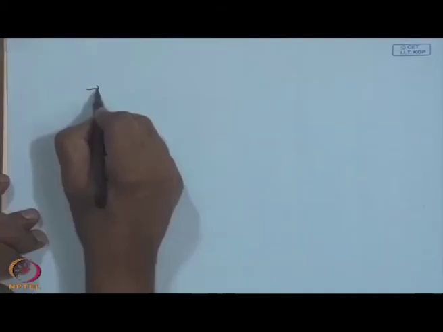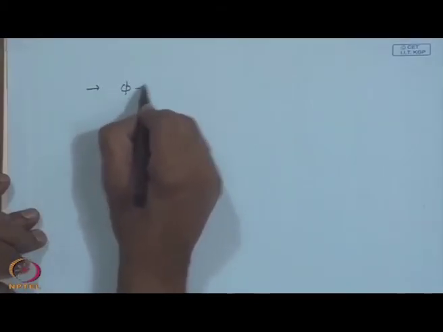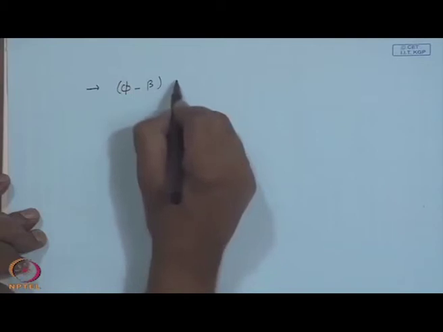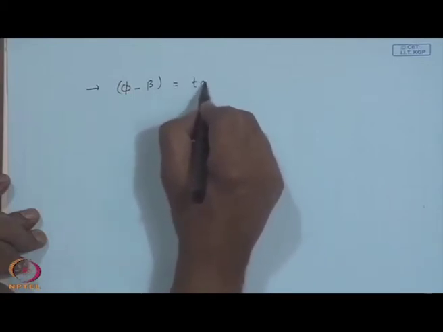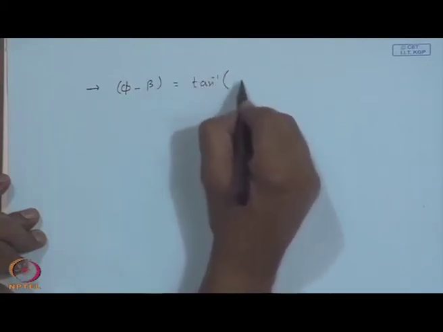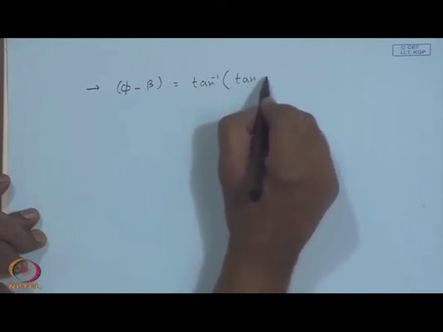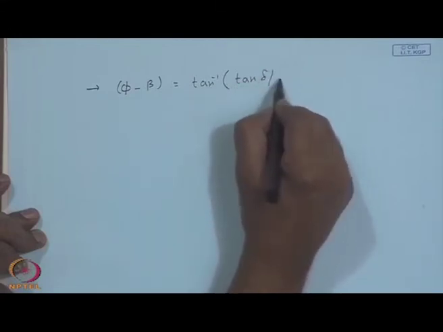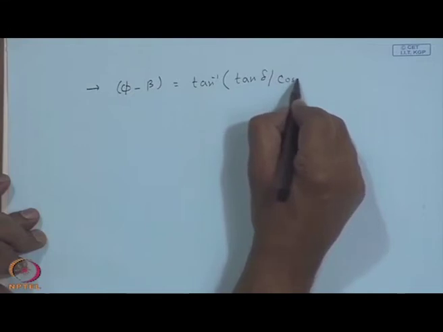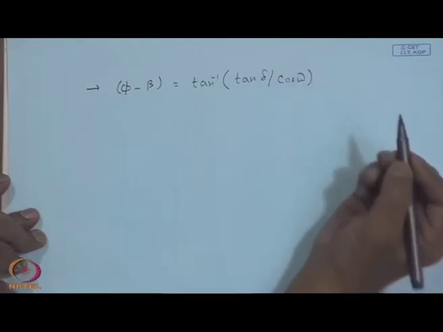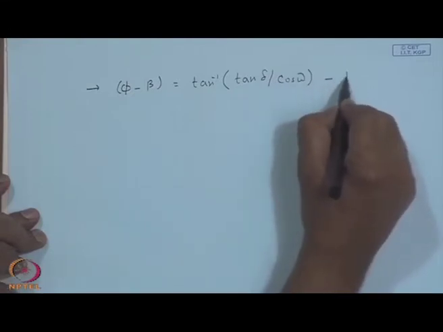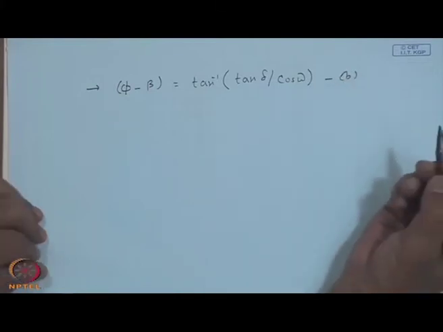That will give me the condition phi minus beta is given by tan inverse of tan delta by cos omega. So, this is B or the tracking mode 2.